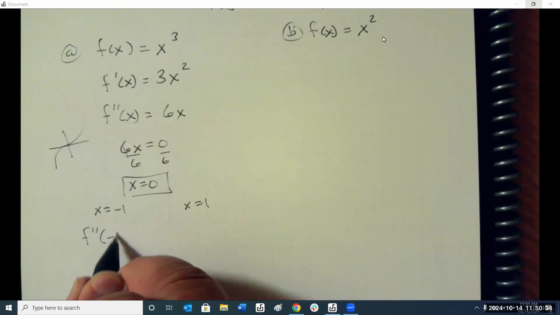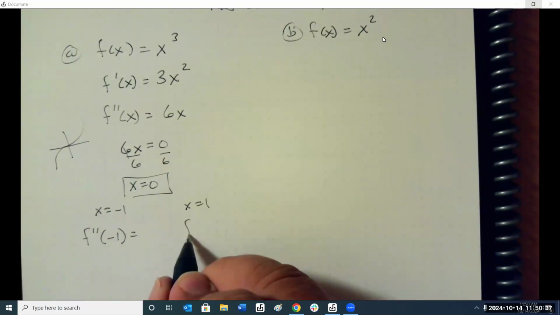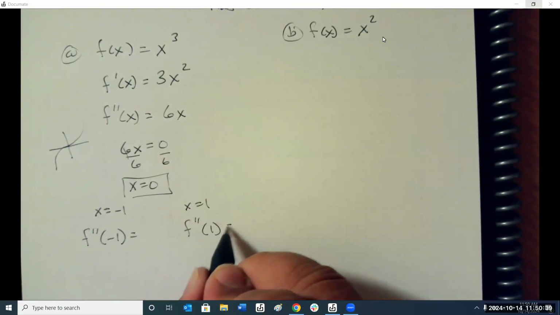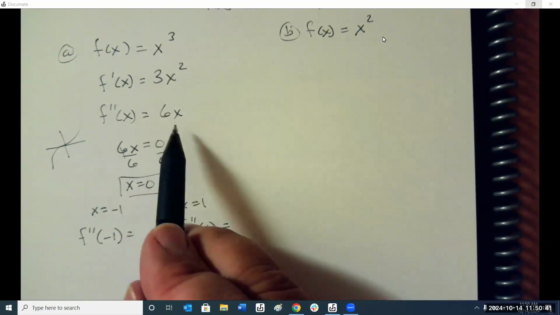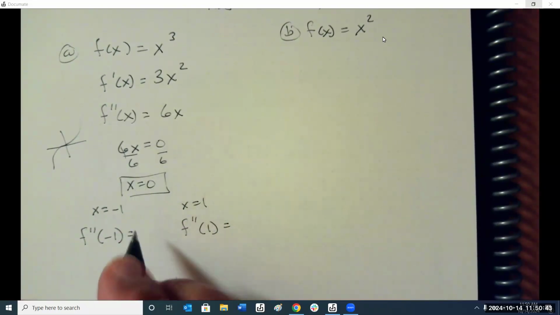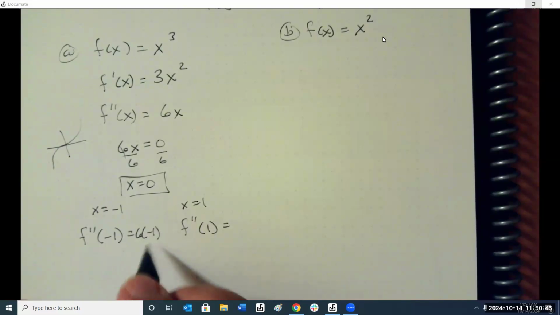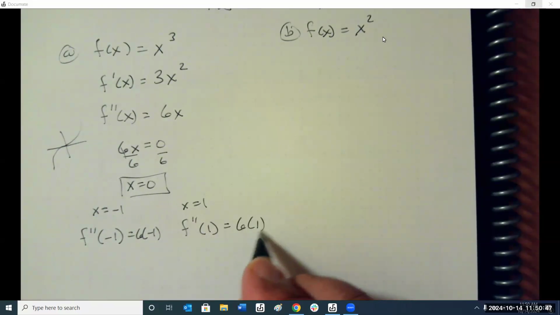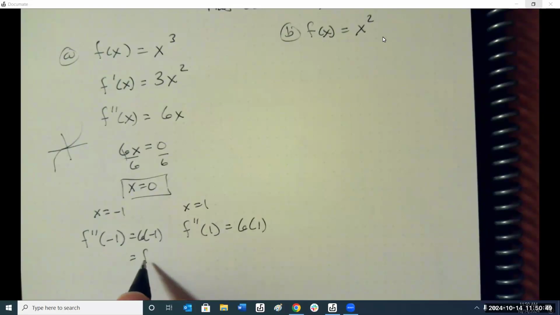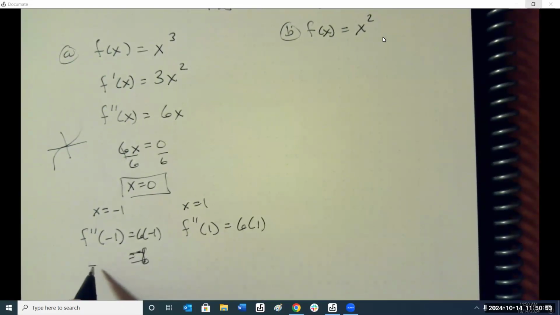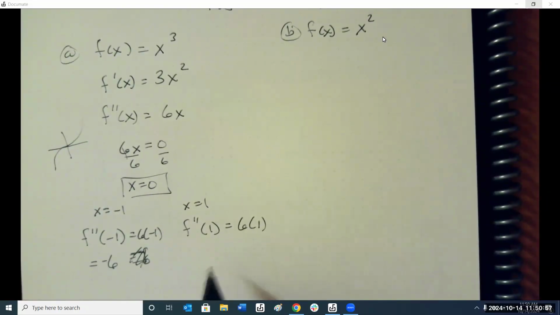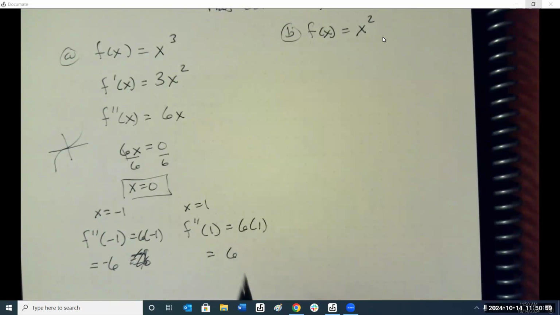I plug those in the second derivative. The second derivative is 6x. So it's 6 times -1, 6 times +1. So it's -6, and this one is +6.